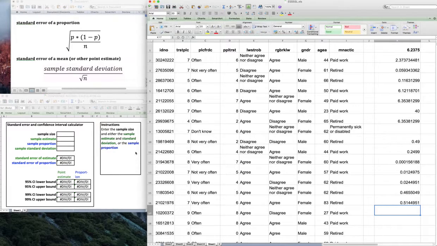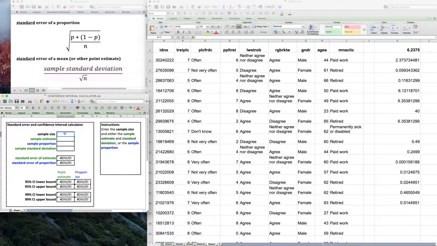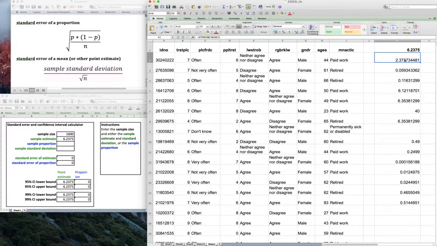We could also have done these calculations using the standard error and confidence interval calculator. So let's just put in 1600 for the sample size. The sample estimate of a point estimate there was 6.2375. The sample standard deviation was 2.3737.